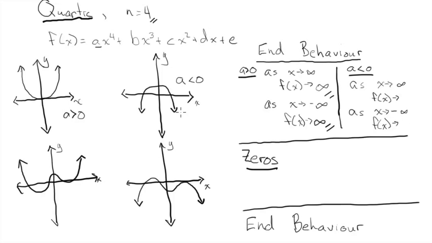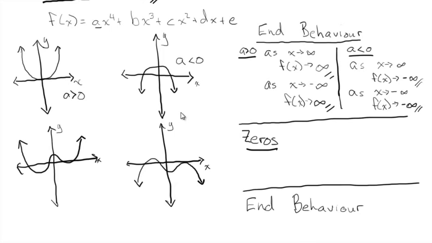And then for negative a values, both sides are going to negative infinity, you're going down in both directions. So again, that's the same as quadratics, same in both directions, negative infinity for negative a values, positive infinity for positive a values. So it might appear that we have a pattern which could be generalized for even degree polynomials. That this end behavior pattern might be something we could generalize.